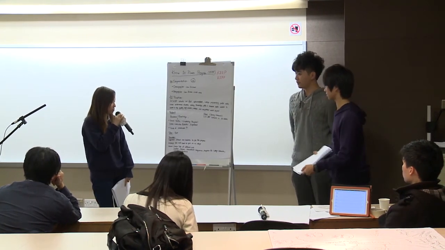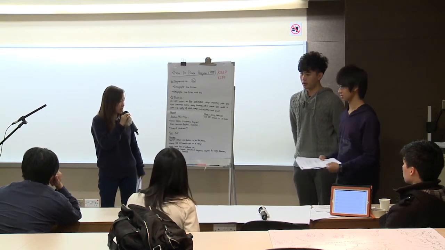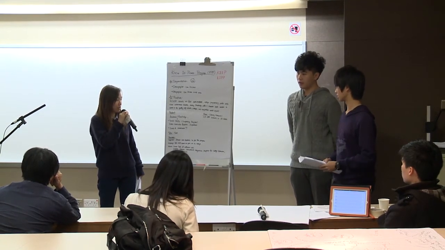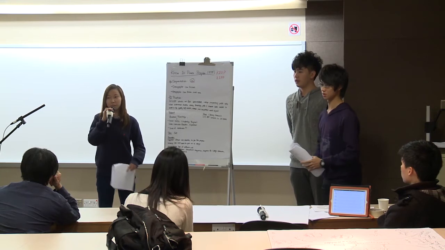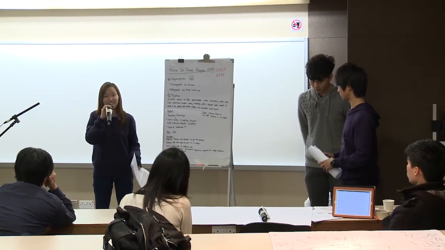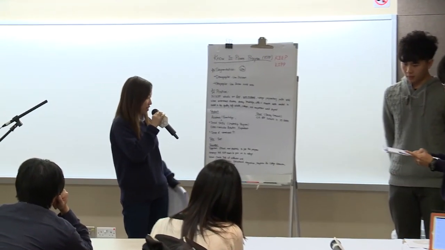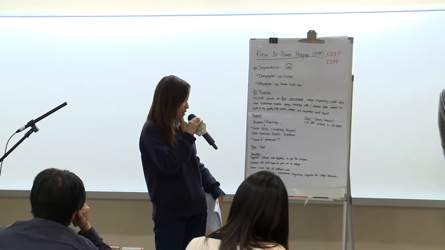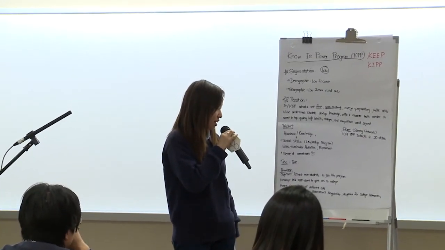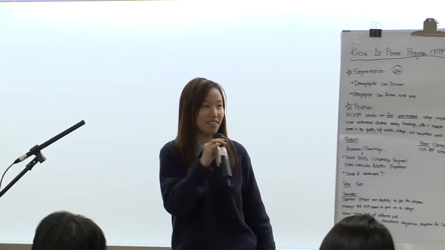Another low cost promotion will be through educational magazines and magazines for college admission, which people can get free of charge, so people can actually reach it. And another one will be our website and also Facebook.